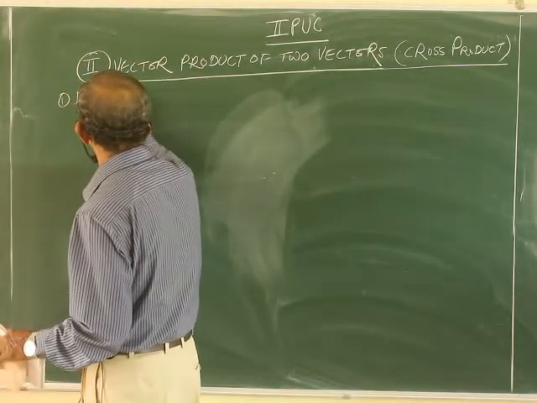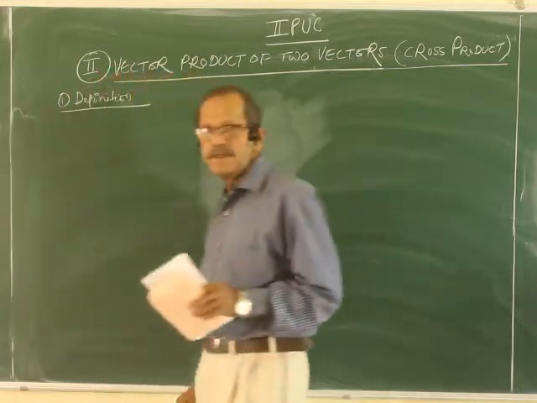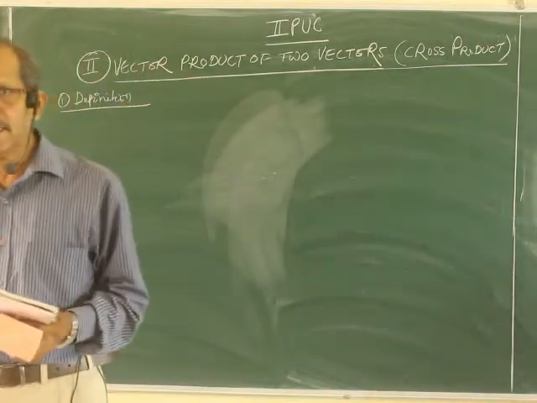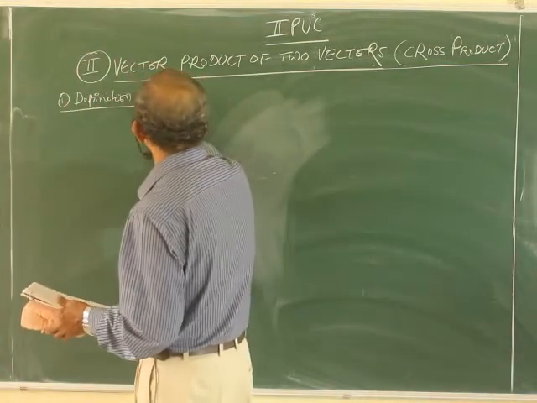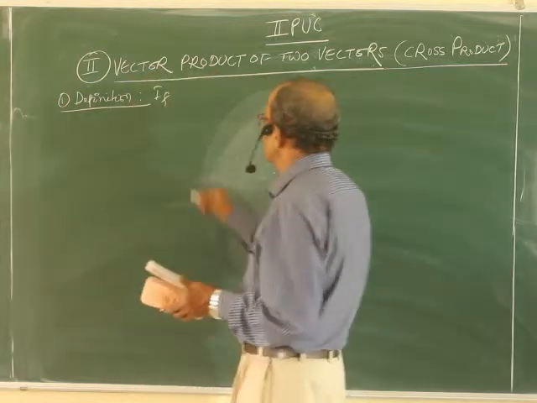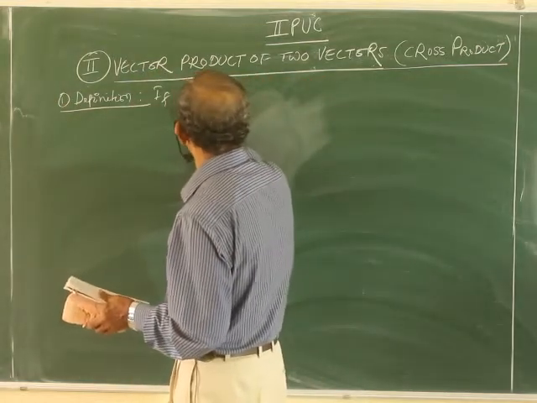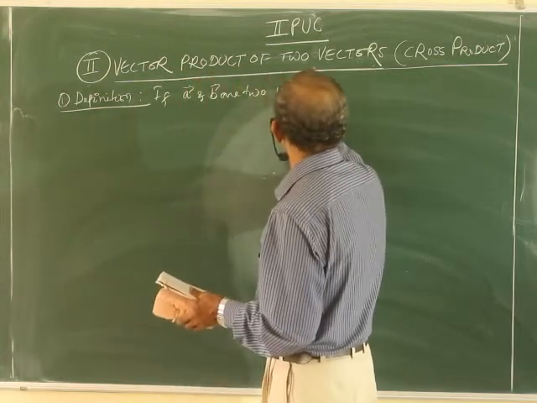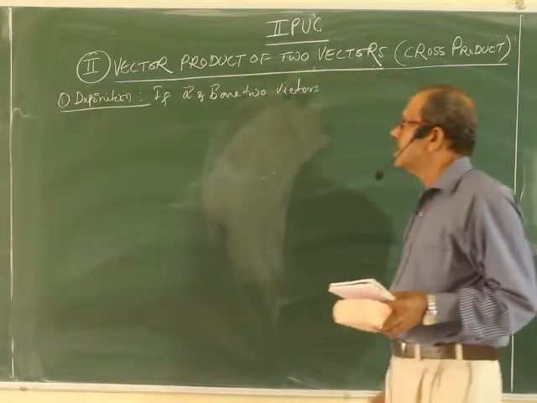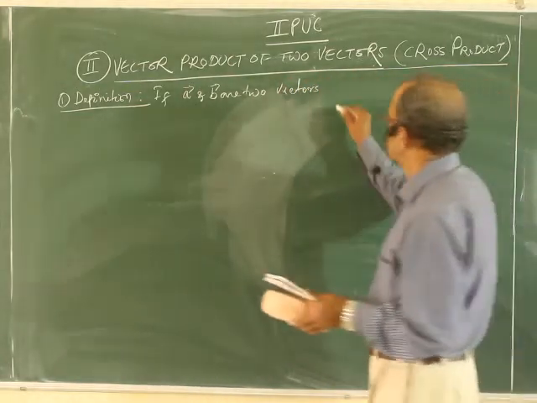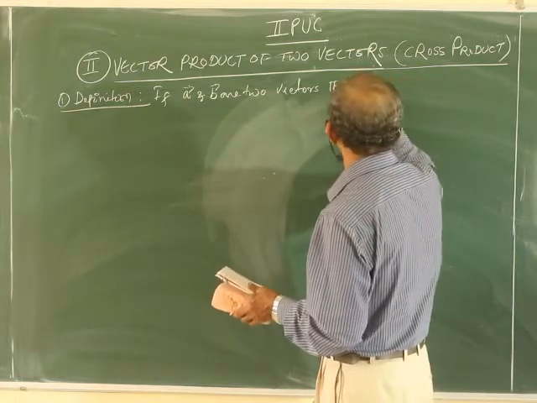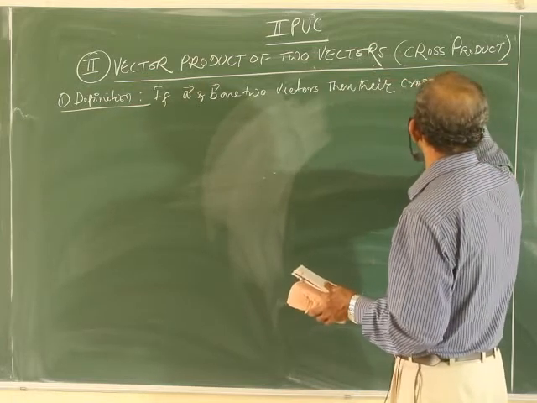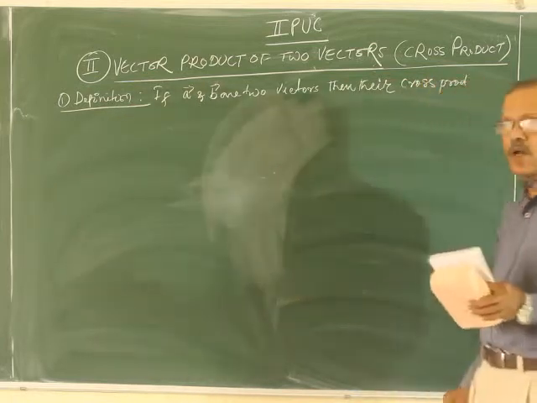Definition, as in the case of scalar product, if A and B are two vectors, then their cross product, in short, instead of writing vector product I have written cross product.